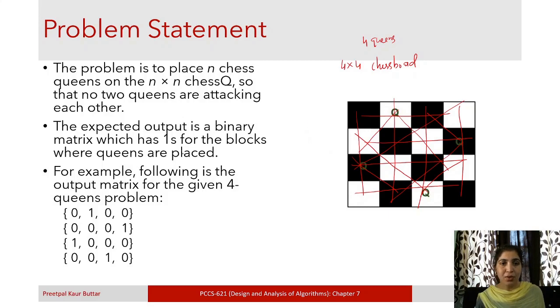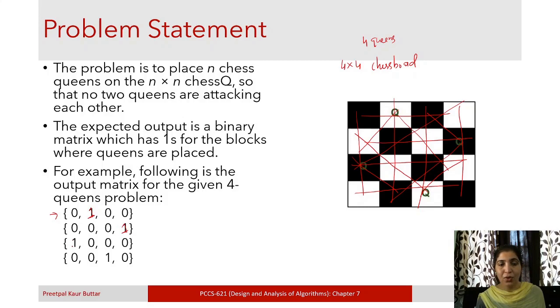Okay, so the solution to this 4 queens problem is 0 1 0 0. So 1 means in this first row the queen is placed at location 1. Similarly, in the second row the queen is placed at location 4.